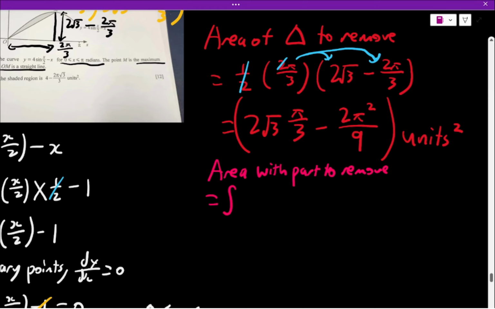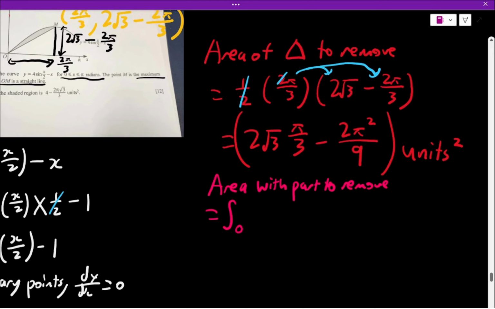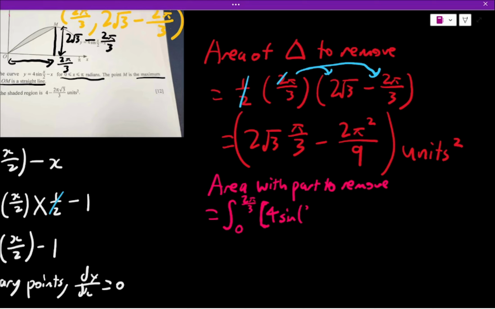Our lower bound, we are starting from the origin, so that's 0. The upper bound, we are stopping at the x coordinate of point M, so that is 2 pi over 3. What we are integrating is going to be 4 sine, I like to use brackets, x over 2 minus x dx, because we're integrating with respect to x.